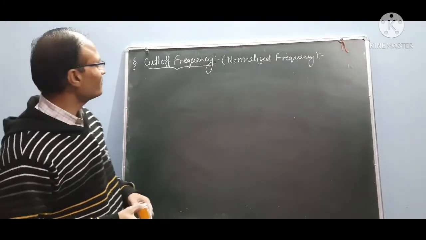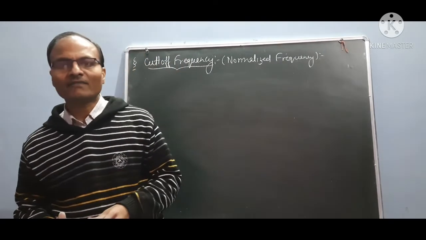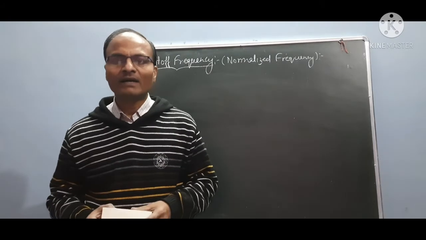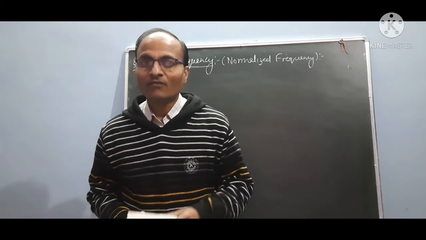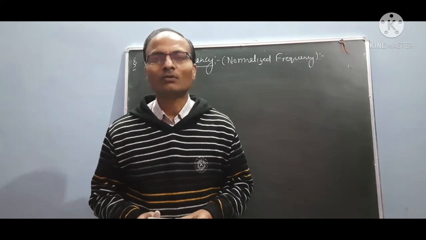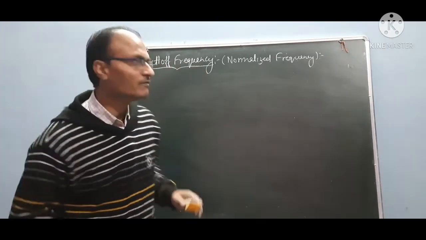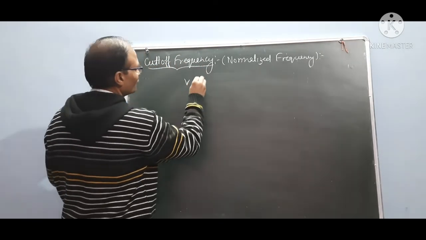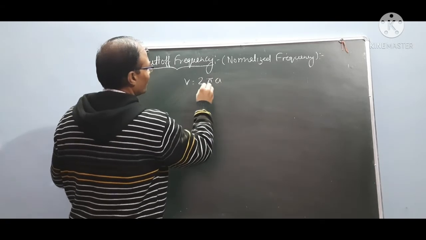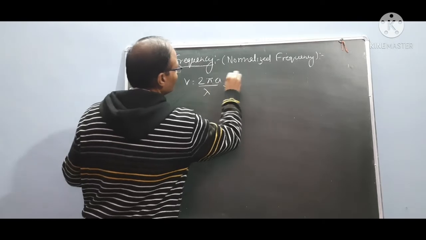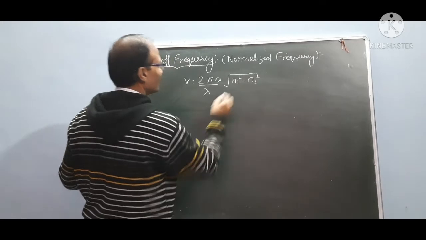Now the special type of parameter which is known as cutoff frequency. What is cutoff frequency? An optical fiber is characterized by an important parameter known as V number. V number is the normalized frequency. What is the formula of V number? We calculate the value of V equal to 2 pi a upon lambda under root n1 square minus n2 square.